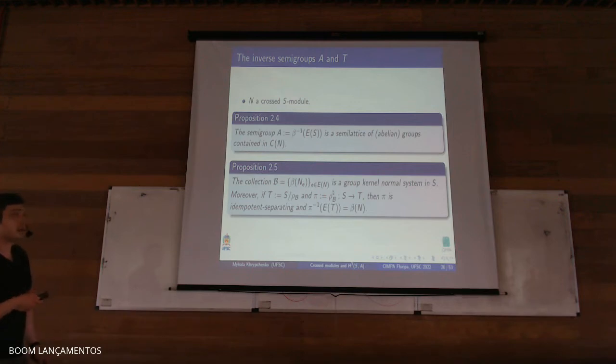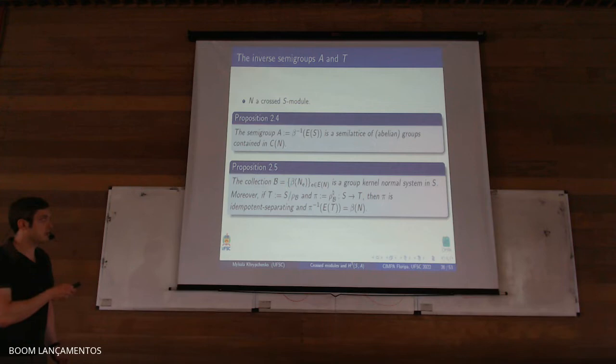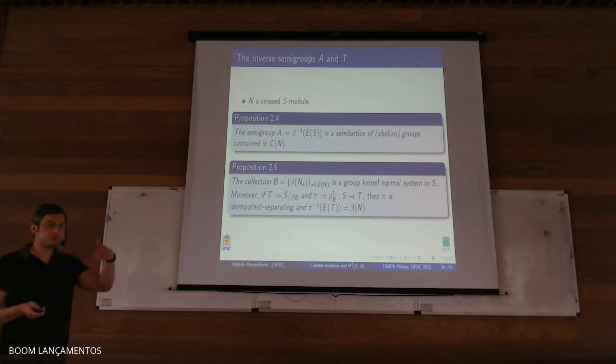Now, what about the cokernel? Can we construct it? Yes. If you take the image of this N, and you take its group components and the images by beta, you have a group kernel normal system. You know that in a group case, you may define a quotient of your group by a normal subgroup.